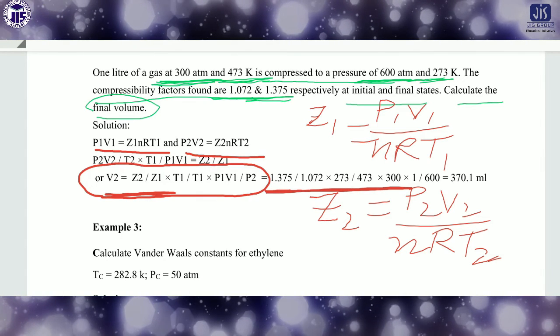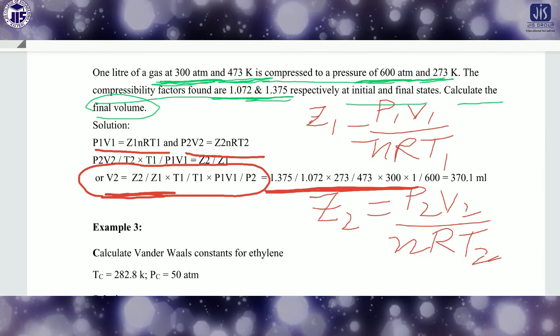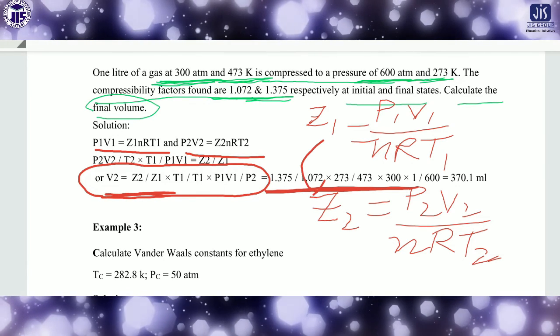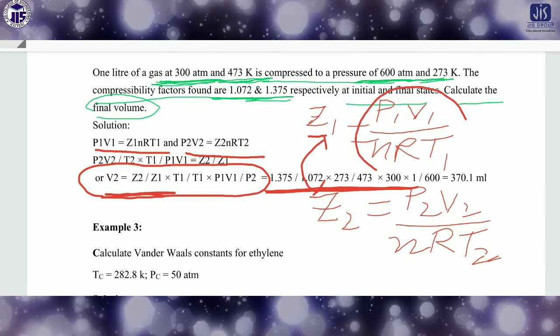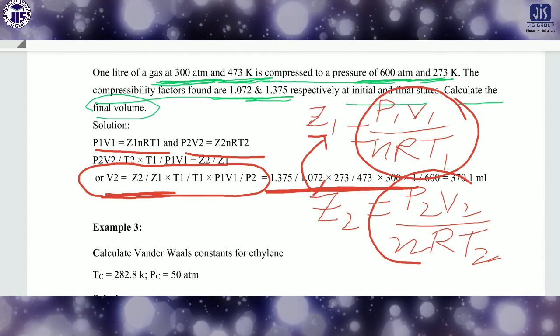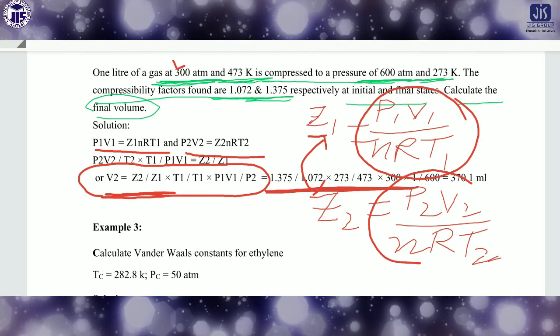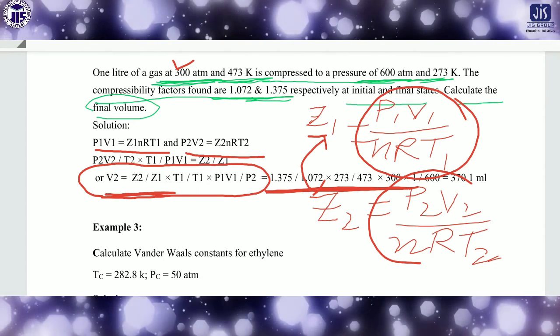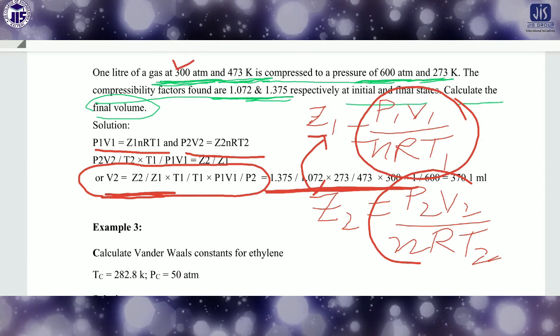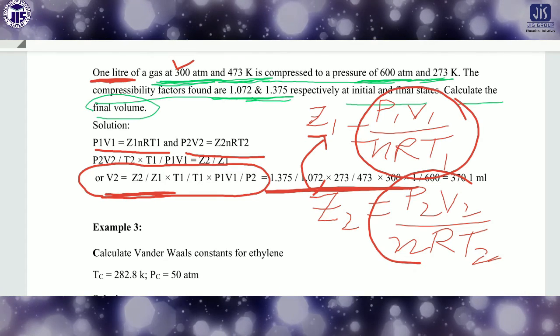So taking z1 by z2, all the values you can get, and you know all the values. Like p1 equals 300 atmosphere, and the volume given here is 1 liter, so v1 equals 1 liter.